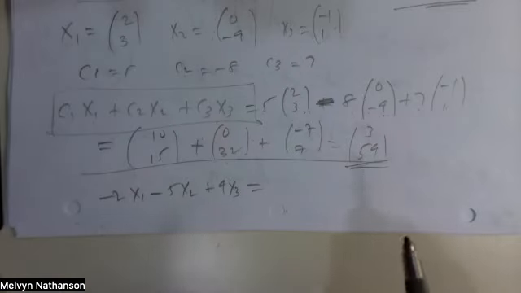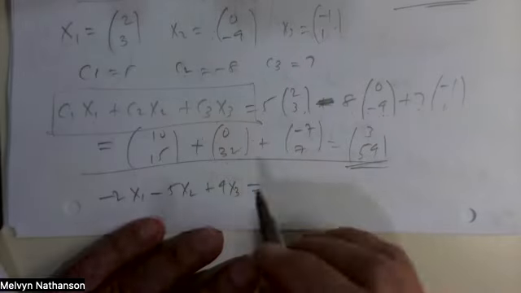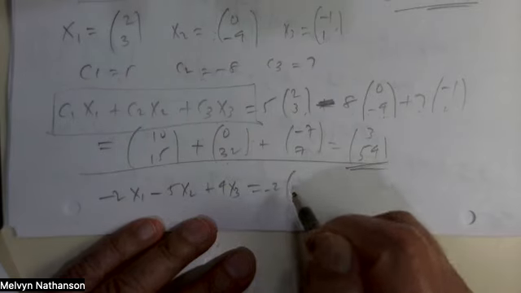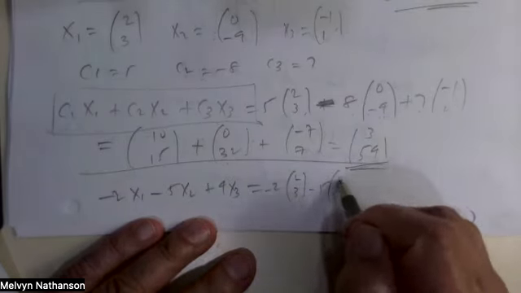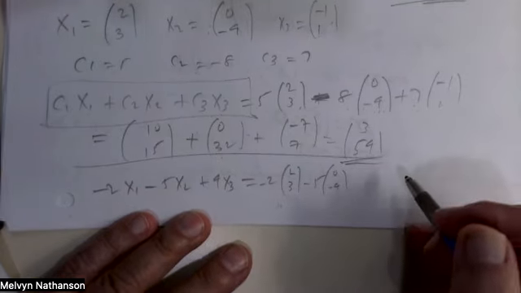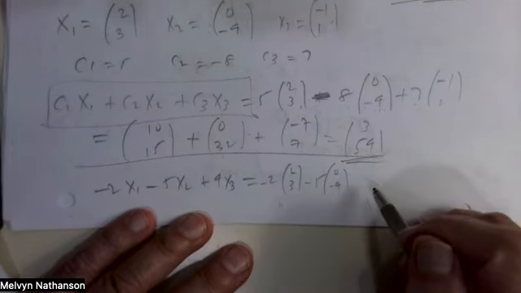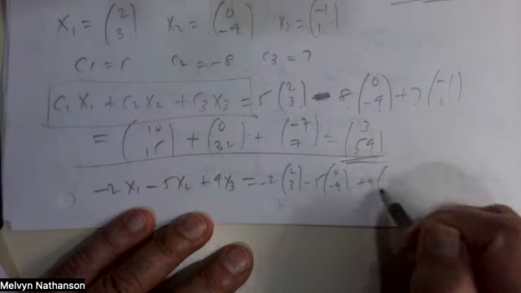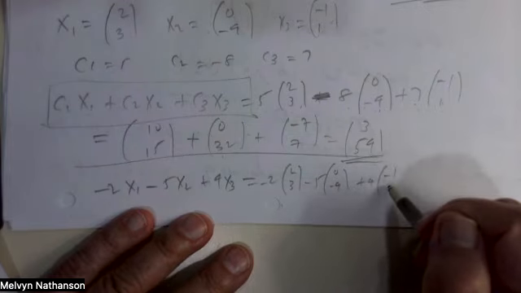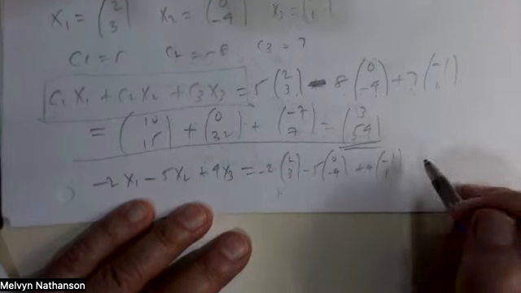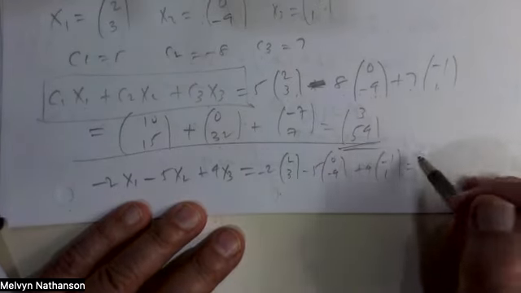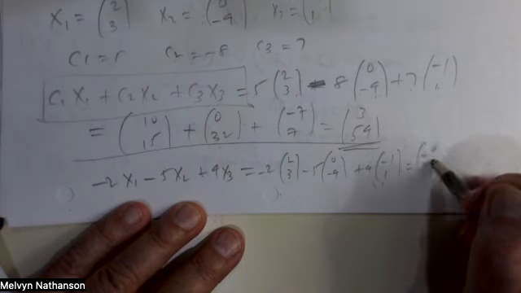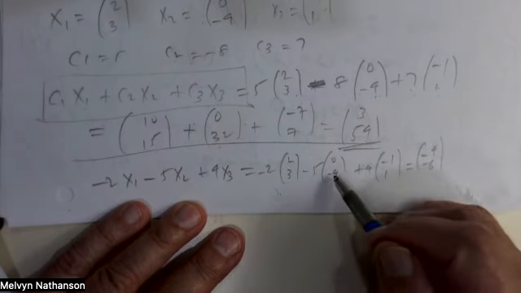Well, the only way I know to do it is to do it. So let's see. Minus 2 times (2, 3). Minus 5 times (0, -4). Plus 4 times (-1, 1). So minus 2 times (2, 3) is (-4, -6).